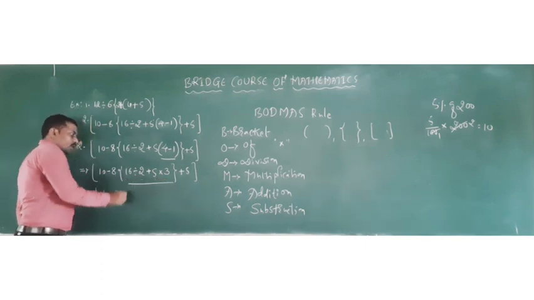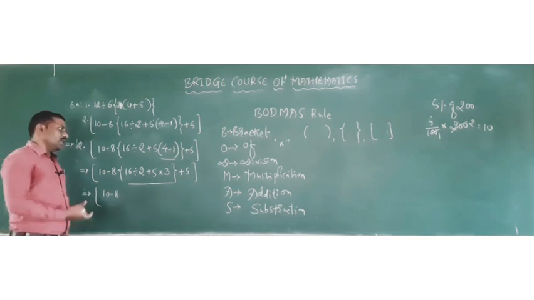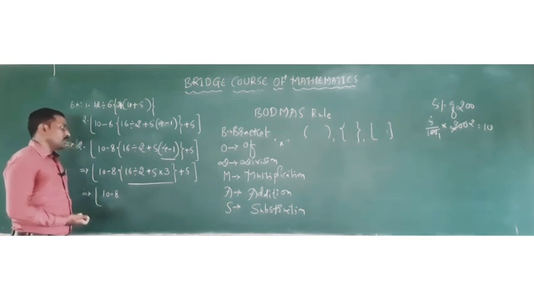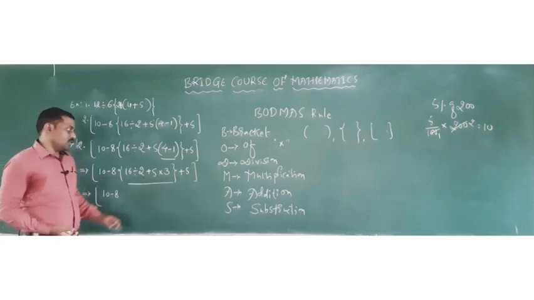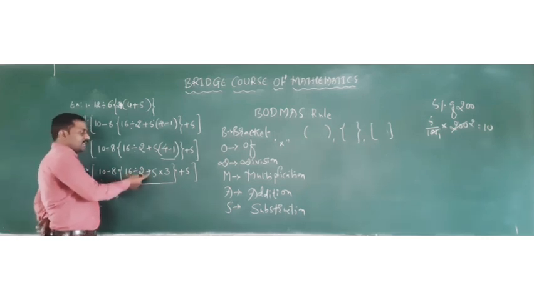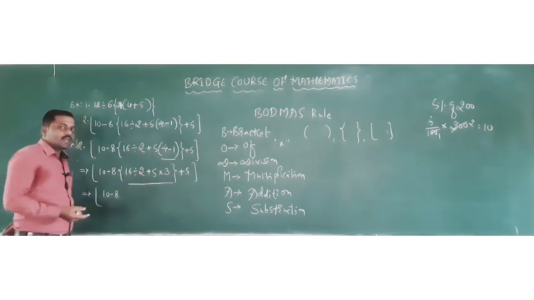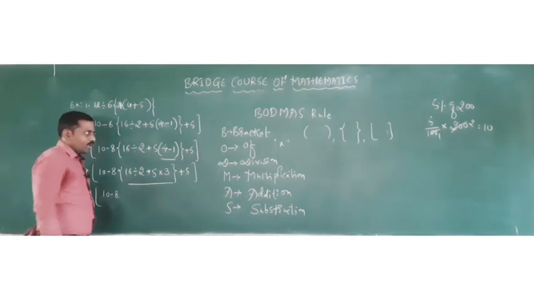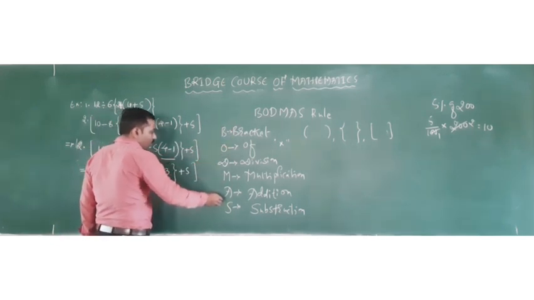Next we will remove the flower bracket. Within the flower bracket there are three operations: one is addition, second is multiplication, third is division. By using the BODMAS rule, you can follow the order.